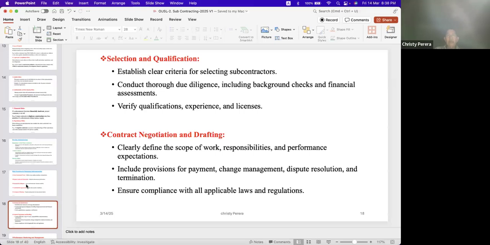I think this is a good time to explain to you all. During the COVID time, we had a big problem. At that time, I was procurement governance advisor to the president. We had a lot of work.